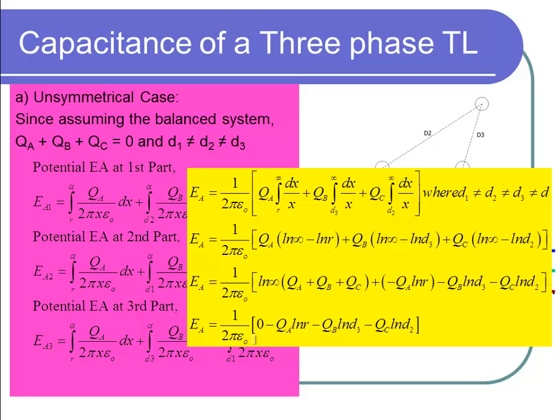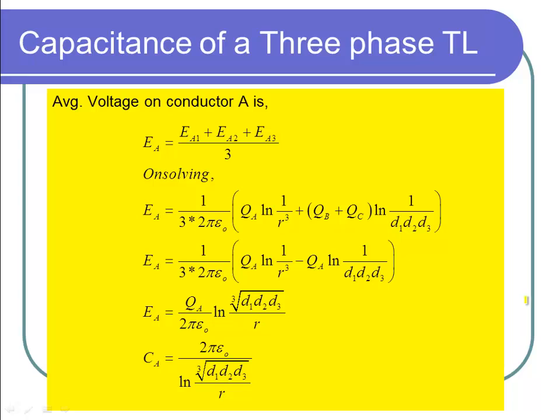In the same way for EA2, EA3 we are calculating. On taking the average of all three sections, EA equal to EA1 plus EA2 plus EA3 by 3, we will get the final equation EA equal to QA by 2 pi epsilon naught ln cubed root of d1 d2 d3 by r.